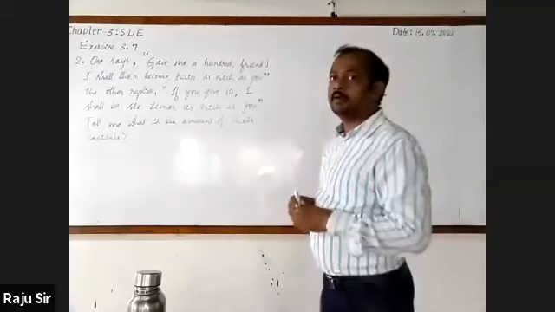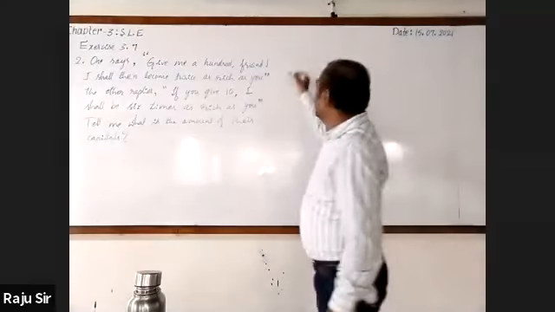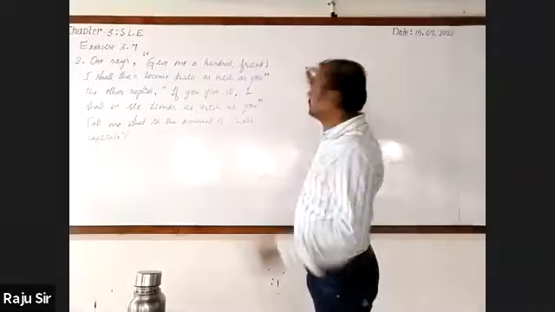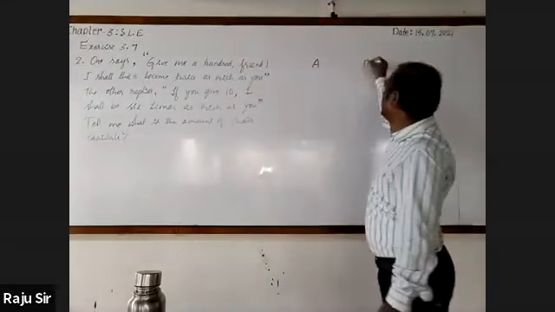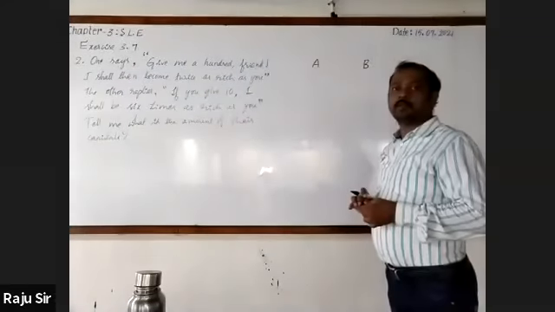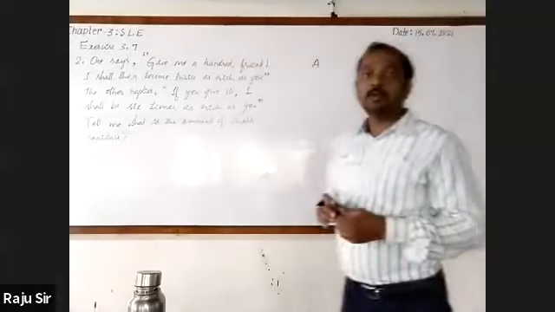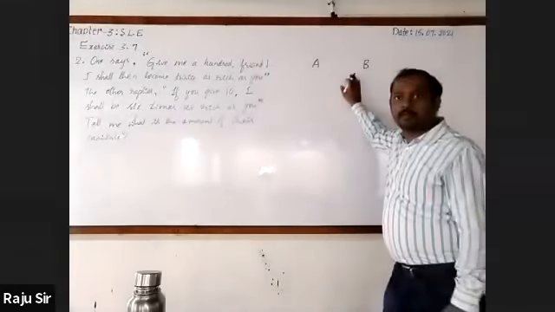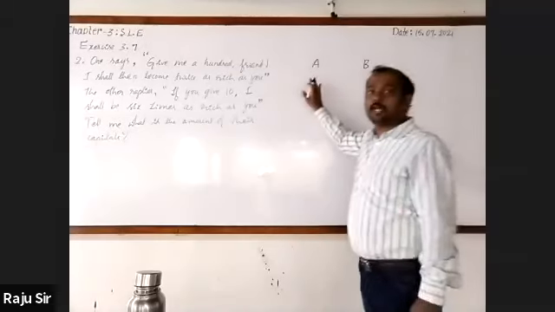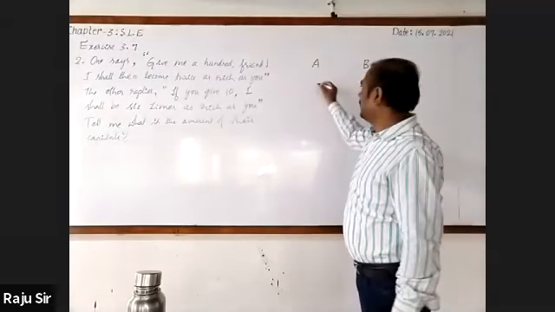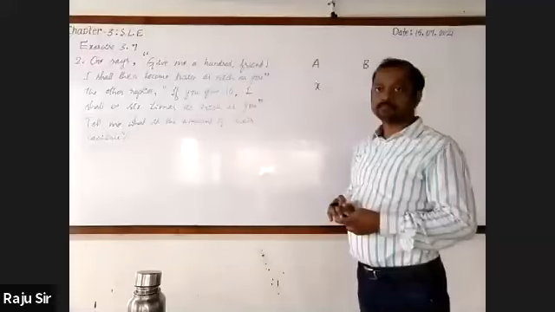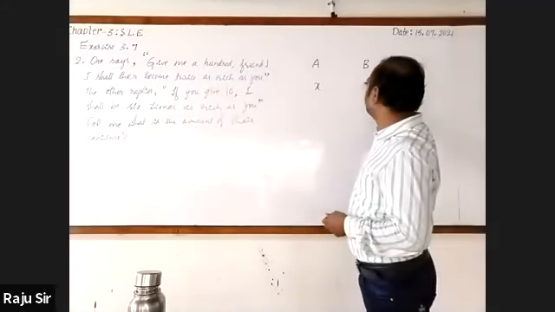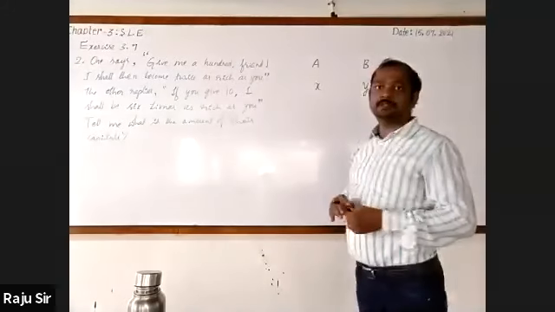Okay. Now, just observe it. I'll take the two friends as A and B. But we do not know what amount each has. Let us take the capital amount of A as X rupees and the capital amount of B as Y rupees.